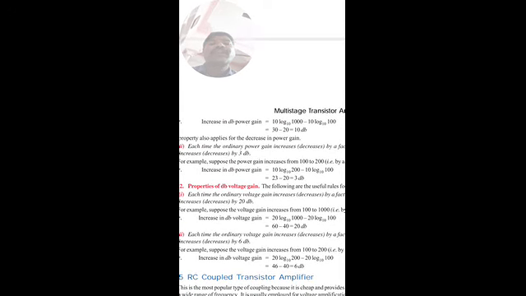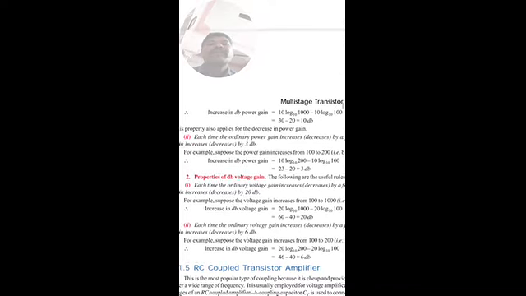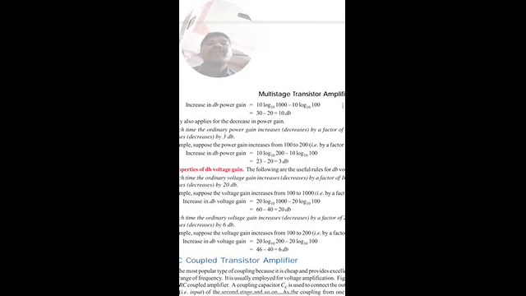The increase in dB power gain is 10 log of 200 minus 10 log of 100, that is 23 minus 20, which is 3 dB. So when the power is doubled or halved, there is a change of 3 dB.